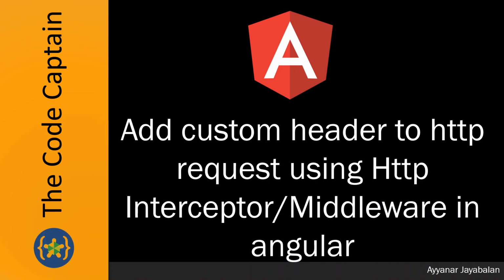In this video, we are going to see how to add a custom header to the HTTP request using an HttpInterceptor or middleware in Angular. Basically, an application can have a login screen, and after login, we get into the dashboard. Before login, we will not add any headers or extra token to the HTTP request.